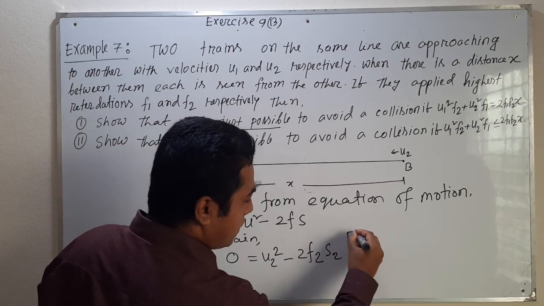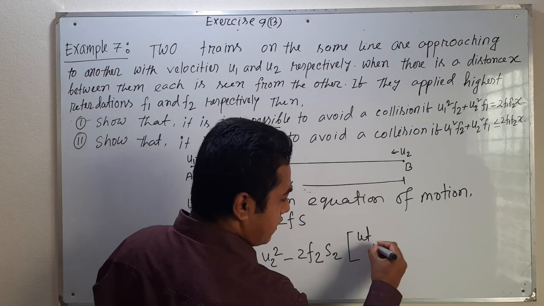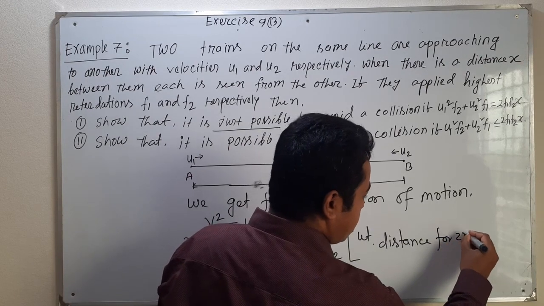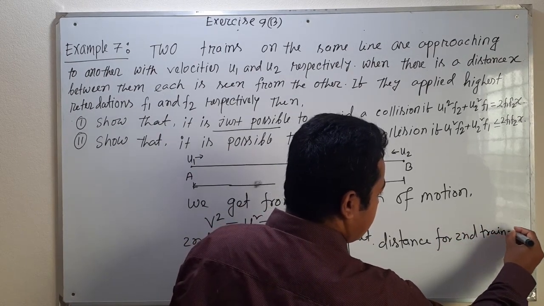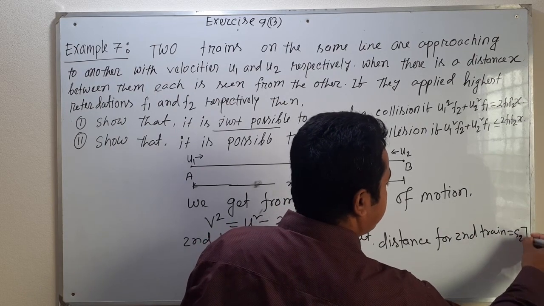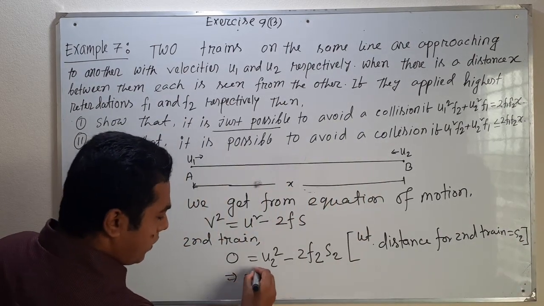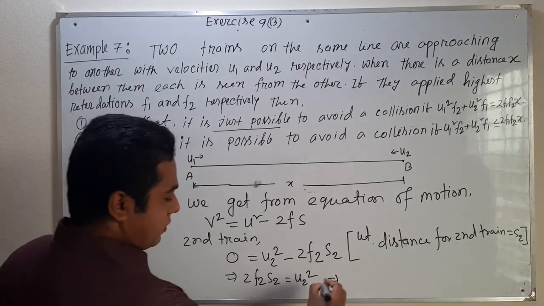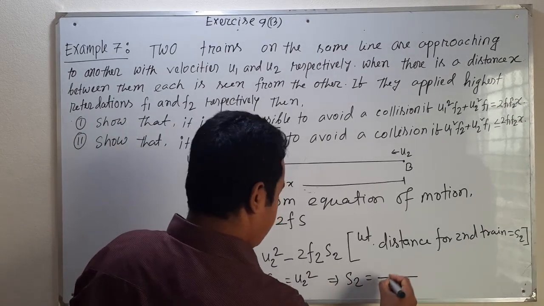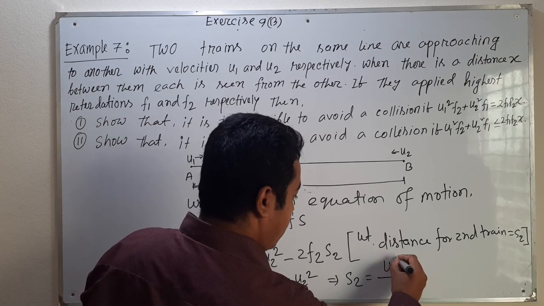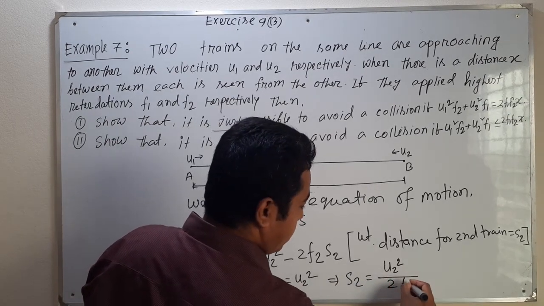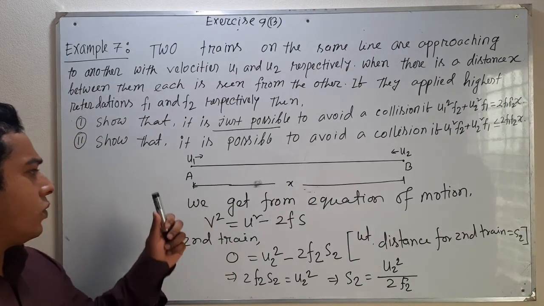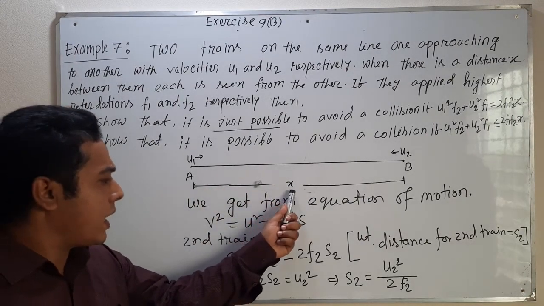Let the distance for the second train be s2. Then 2f2 s2 is equal to u2 square, so s2 is equal to u2 square divided by 2f2.